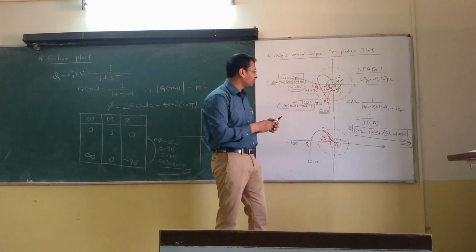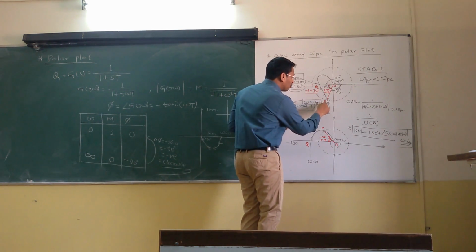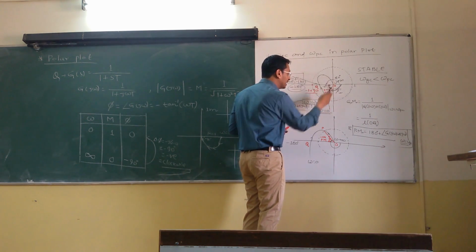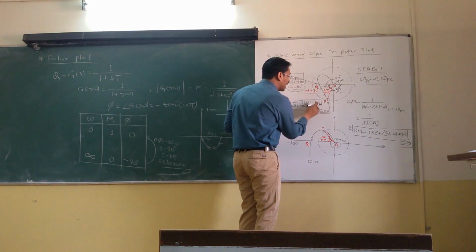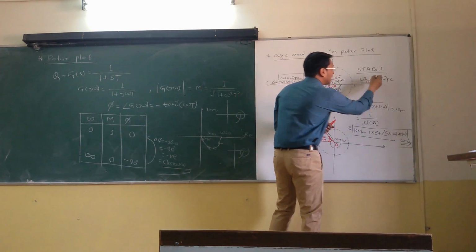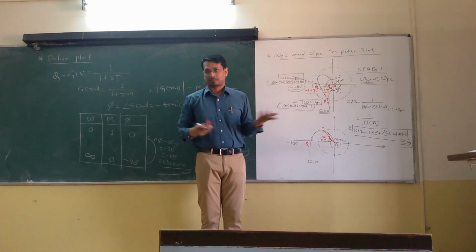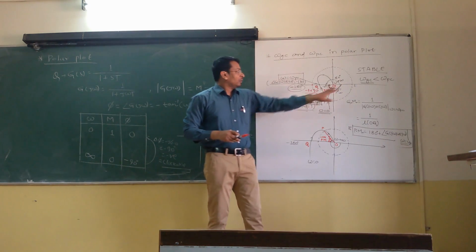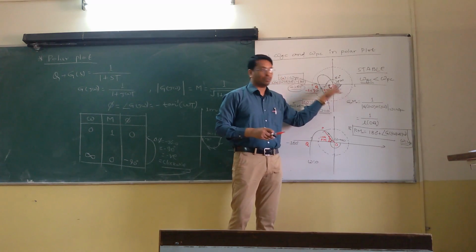Once again the system is stable. And here, moving from 0 to infinity, you encounter omega Gc first and omega Pc later. It means that omega Gc is less than omega Pc. With this convention also, your system is stable.